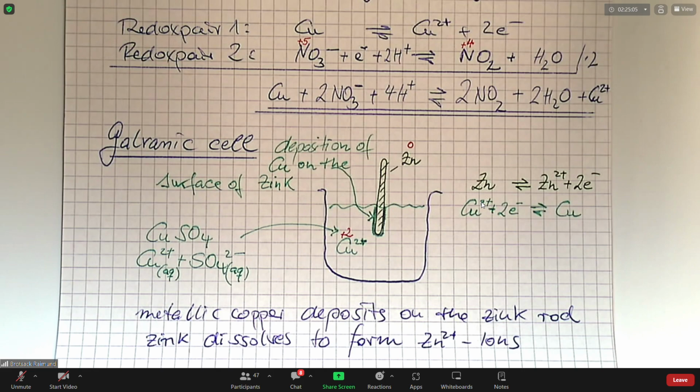Do you know metals even more noble than copper? Silver and gold, platinum. Of course, they are even more noble. Platinum, for example, you use that when you have some broken legs, integrated to put together your bones again. The doctor takes platinum nails or platinum screws. They are very noble. Zinc not.